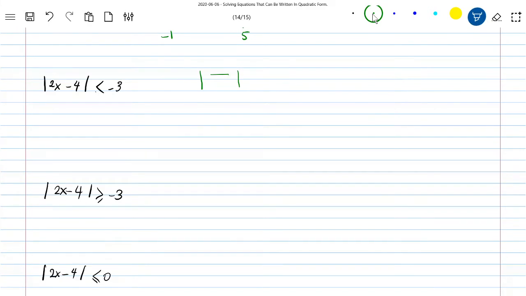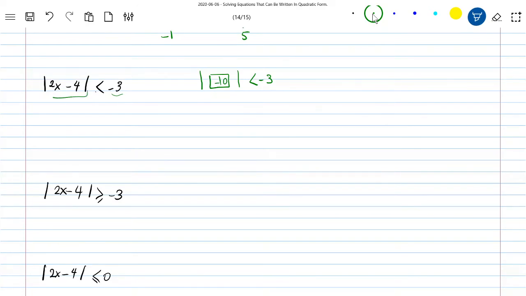Think about this. You have an absolute value of a number less than -3. What is that number? Could it be 1? Absolute value of 1 is 1. 1 is never less than -3. Absolute value of -1, how about that? That's not possible. How about -10? It becomes +10, which is never less than -3. As you recall, absolute value always has a positive outcome, so it's never possible to be less than a negative number.